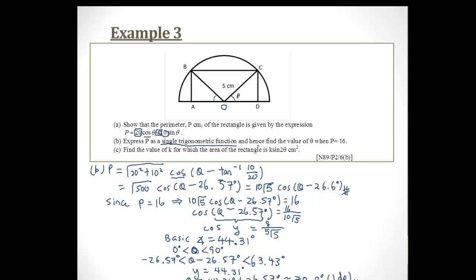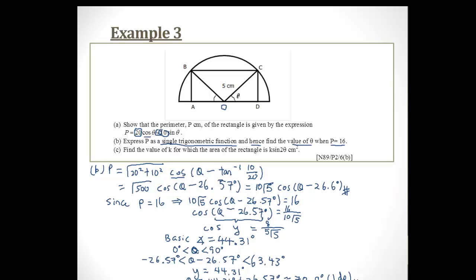Now let us answer the second part, and hence find the value of theta when P equals 16. So I proceed to let P equal 16, which implies that this expression will be equal to 16.